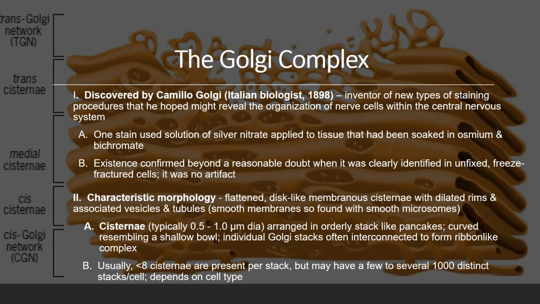They are curved, resembling a shallow bowl. Individual Golgi stacks are often interconnected to form a ribbon-like complex. Usually, fewer than 8 cisternae are present per stack, but a cell may have a few to several thousand distinct stacks depending on the cell type.